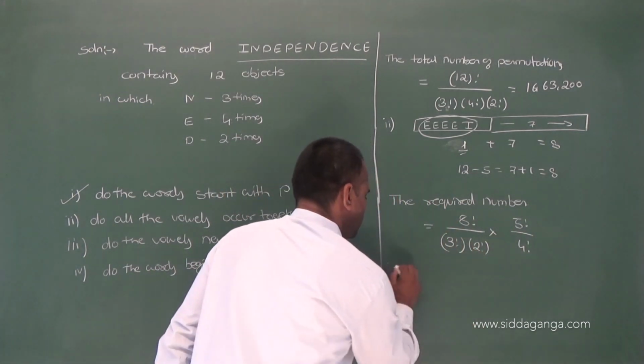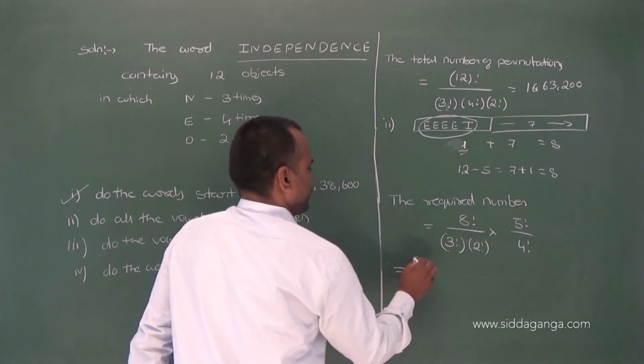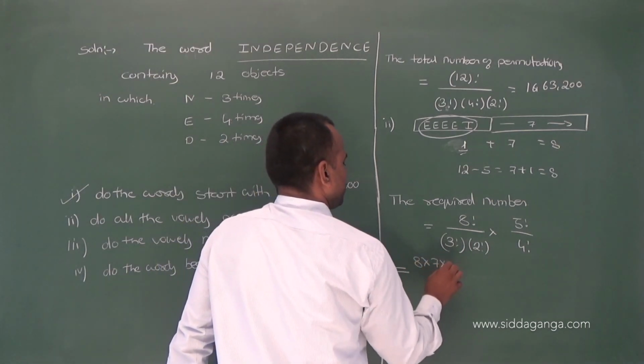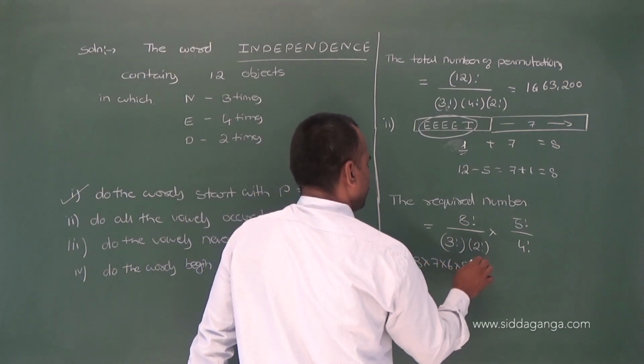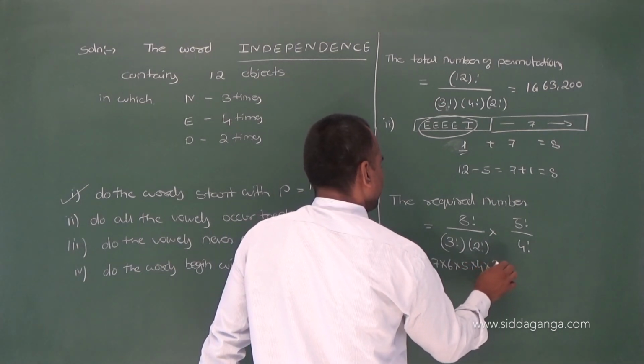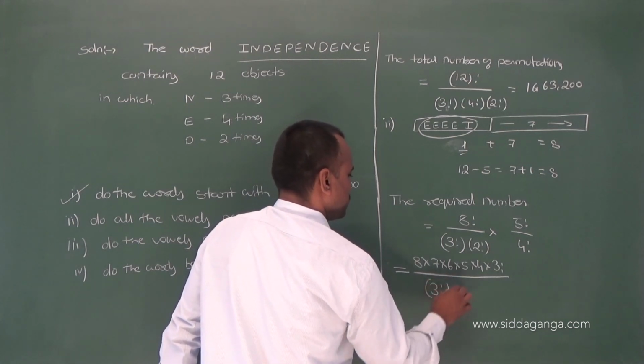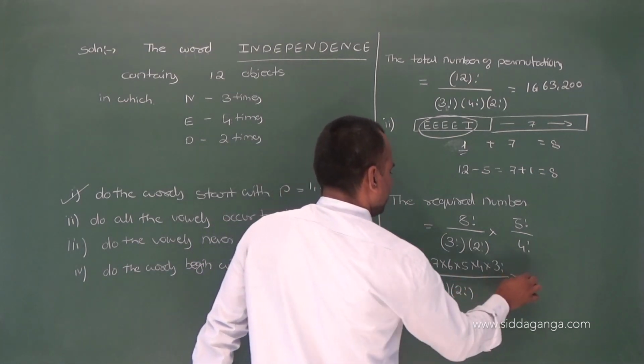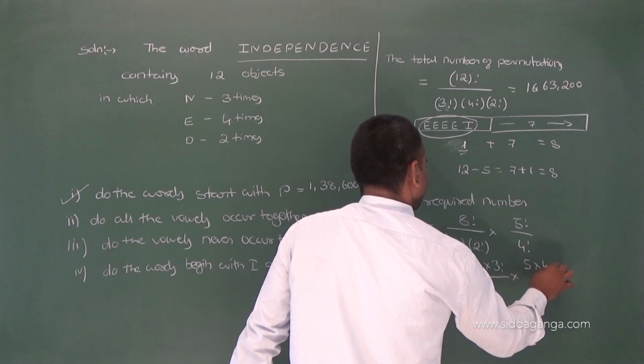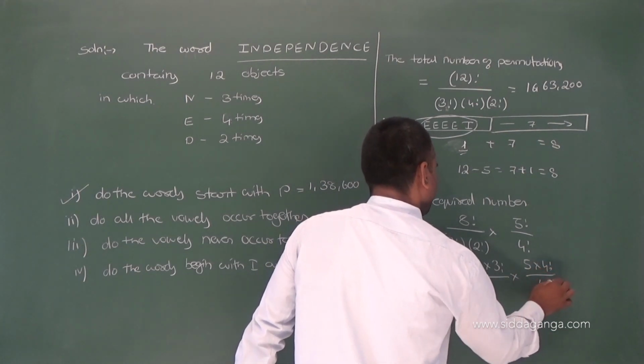So the required answer is 8, 7, 6, 5, 4, 3 factorial divided by 3 factorial, 2 factorial, times 5 into 4 factorial divided by 4 factorial.